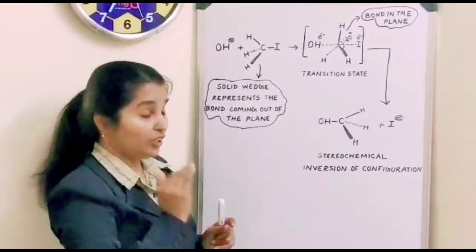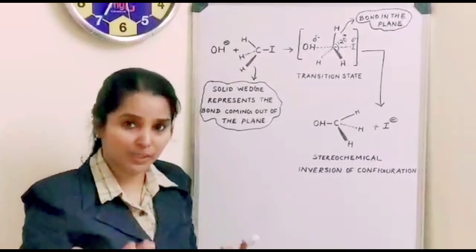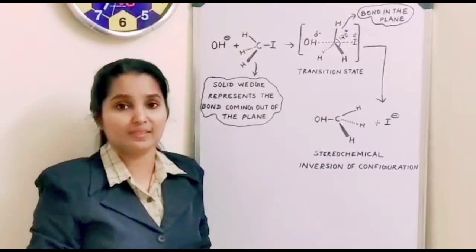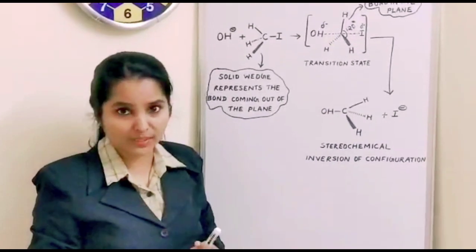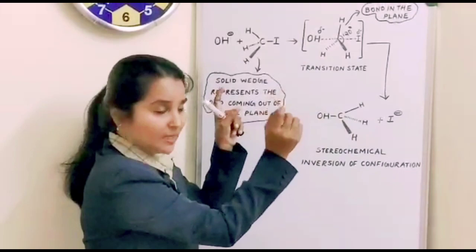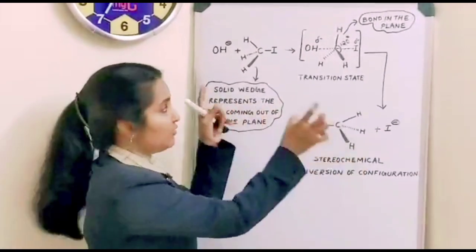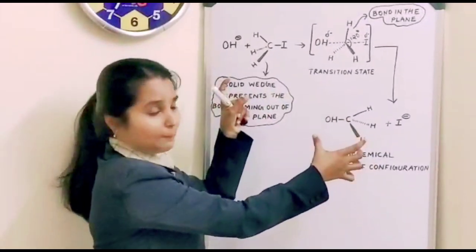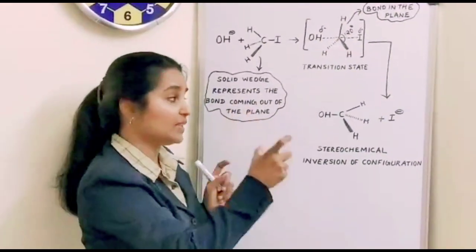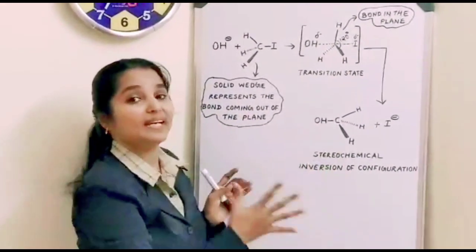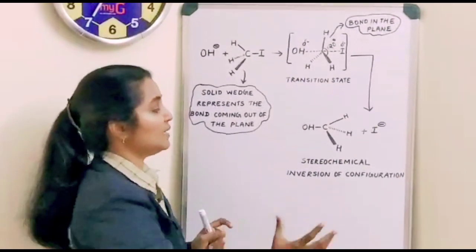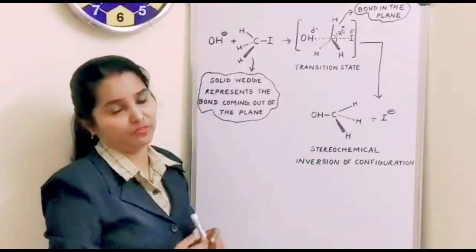That means if some other question comes and you want to recognize which type of reaction it is, SN1 or SN2, then look into the stereochemical aspect of that particular substrate. If it is giving an inverted product, this will be an SN2 reaction. SN2 reaction stands with the special aspect of inversion of configuration.